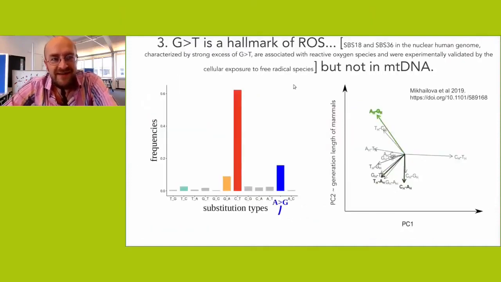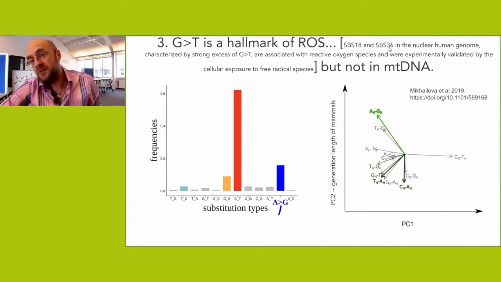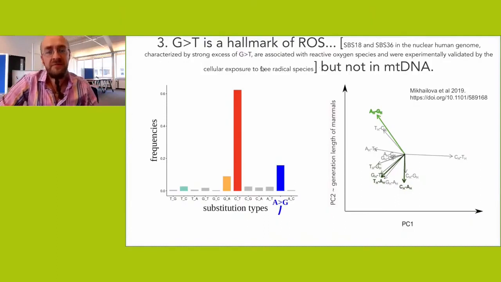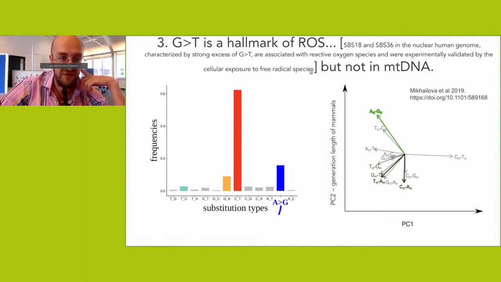Okay, as soon as we have this hypothesis, we go to the literature and try to find the best known mutational signature of reactive oxygen species. So what do we know from cancer research, etc.? We find this transversion G to T. Indeed, there are several molecular signatures in the COSMIC database, signatures 18 and 36, which are well proven in the nuclear genome, and it was even proven experimentally when cells were exposed to free radical species.